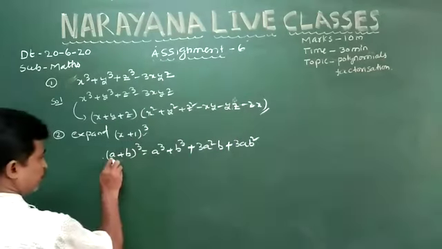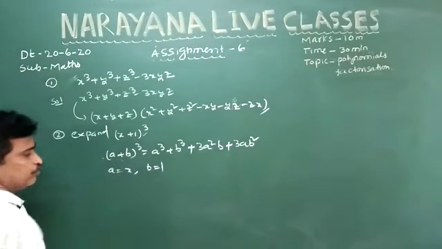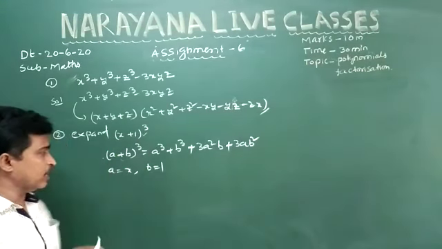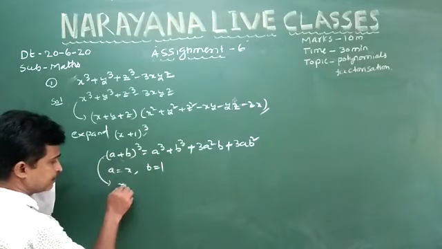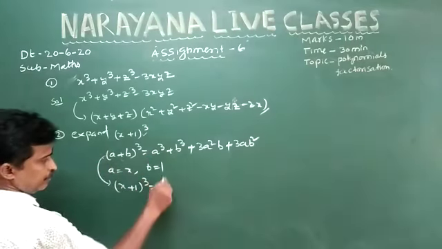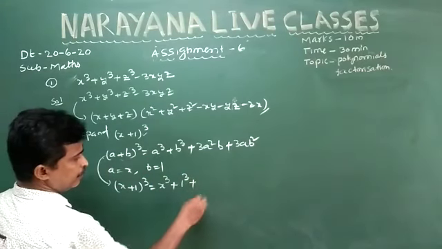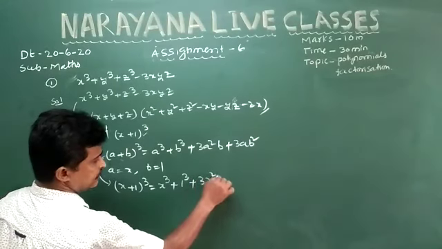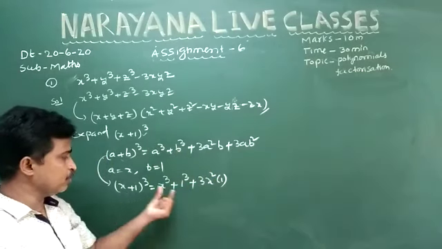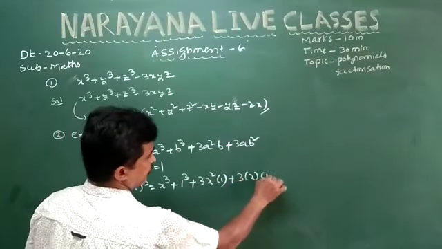Here the value of a is equal to x, and the value of b is equal to 1. Substitute a equal to x, b equal to 1 in the above formula. Therefore x plus 1 whole cube equals a cube, x cube, plus b cube, plus 3a square b, here a is x, so 3x square into 1, plus 3ab square.